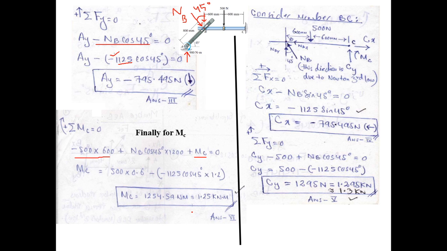For each member you will have at most three equations of equilibrium, and you can find the unknowns by analyzing the equilibrium of each member, because in this way you will have more equations, so you can find more unknowns. So this is the trick for solving frame structures.